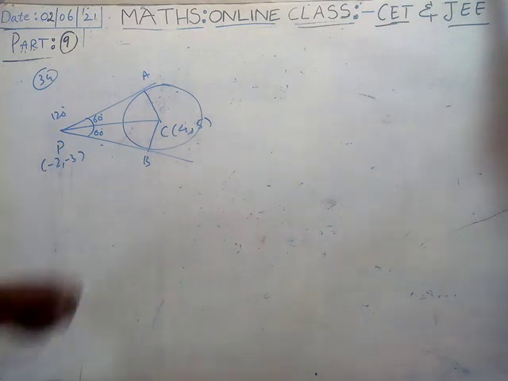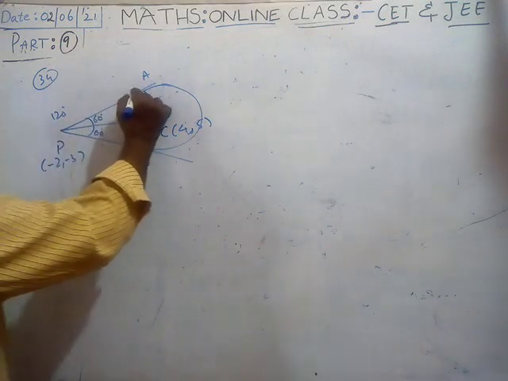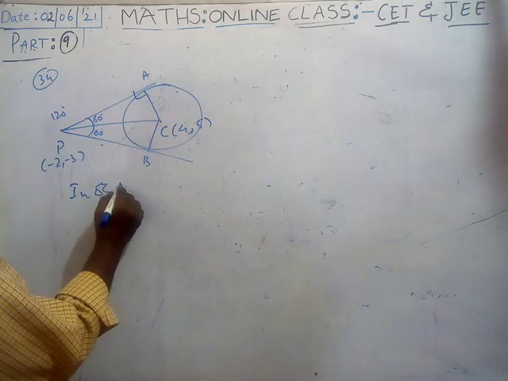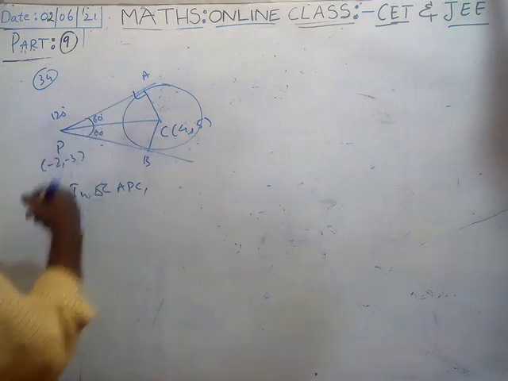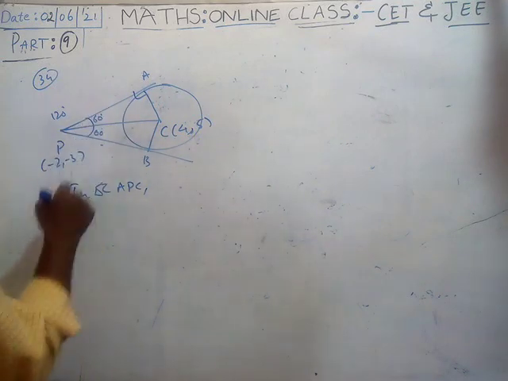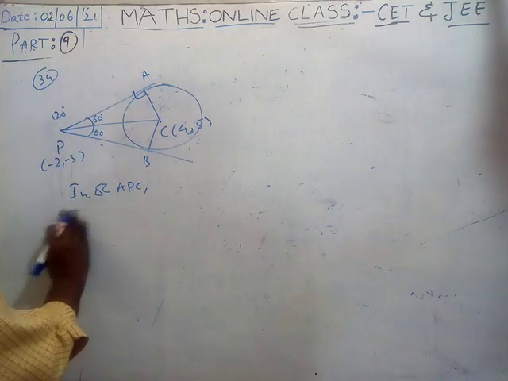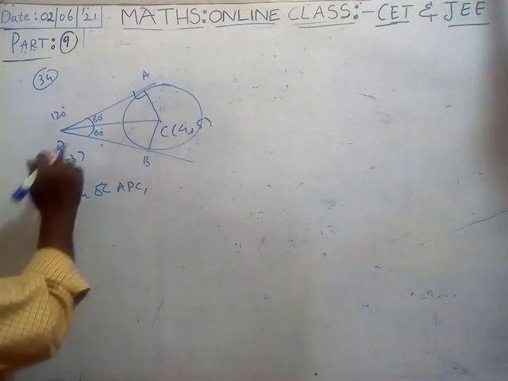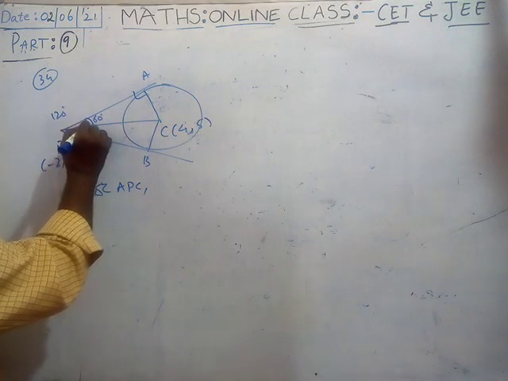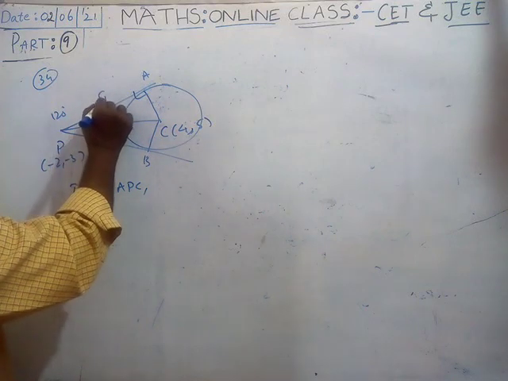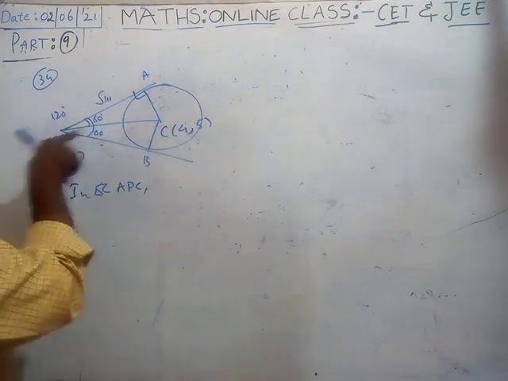You see that in triangle APC, it is a right angle triangle. In the right angle triangle, 60 degrees is there. Adjacent side over hypotenuse.